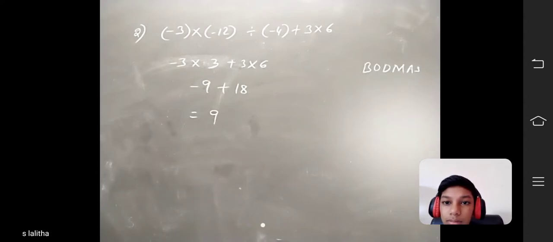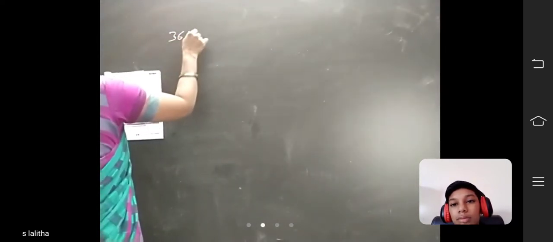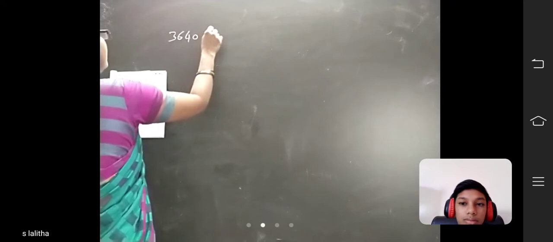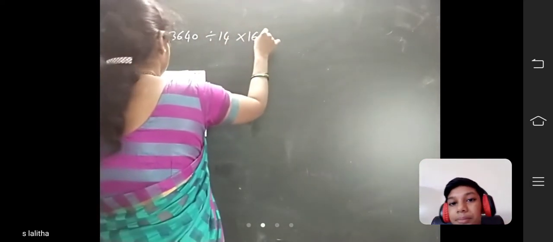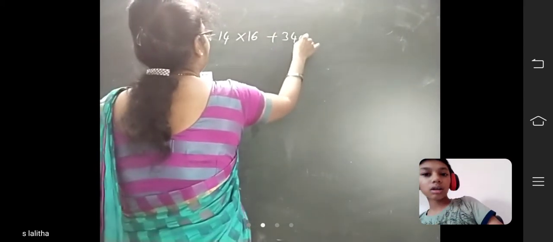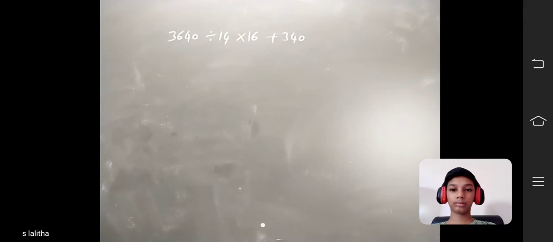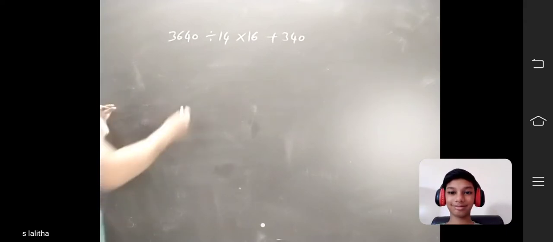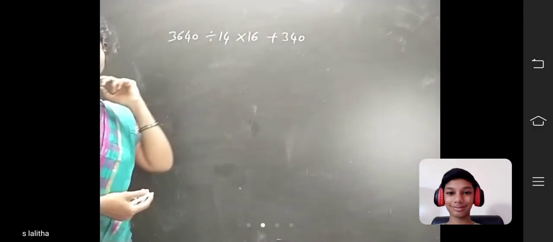Next example, see. Find the value of 3640 divided by 14 into 16 plus 340. So in this one, what should we do first? We should do division first.